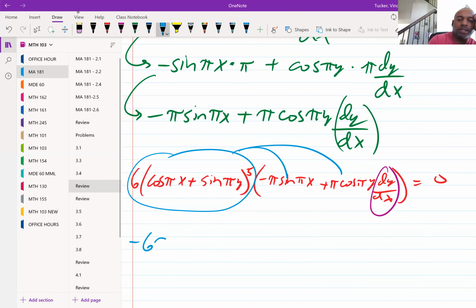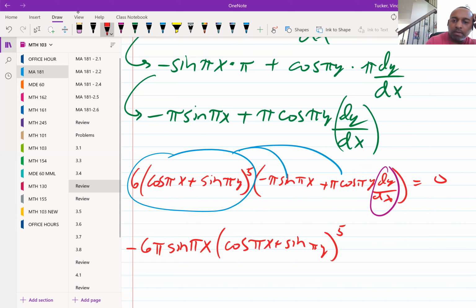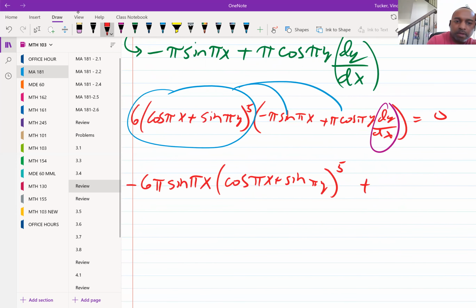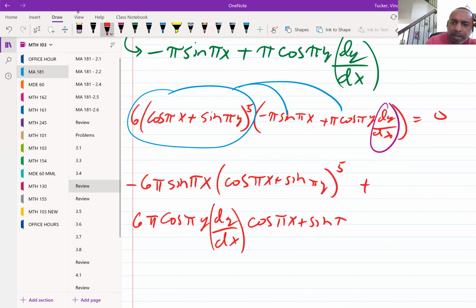So that's going to be -6 pi sine pi x times (cosine pi x plus sine pi y) to the 5th power, plus 6 pi cosine pi y dy/dx times (cosine pi x plus sine pi y) to the 5th power, equal to 0.